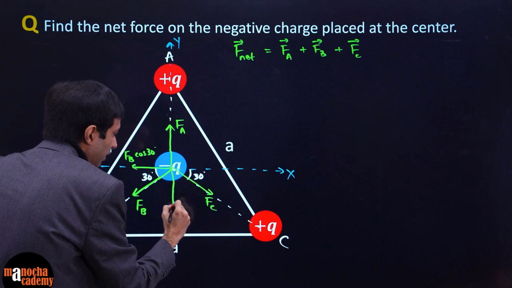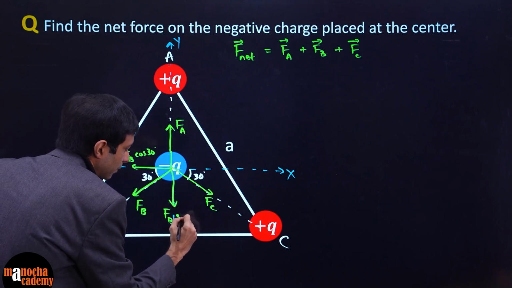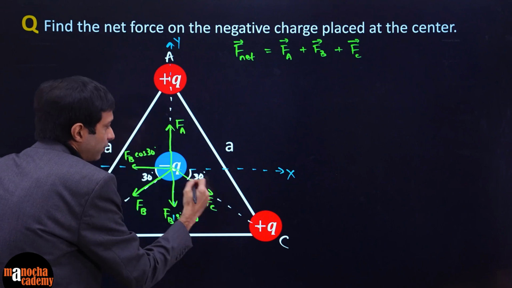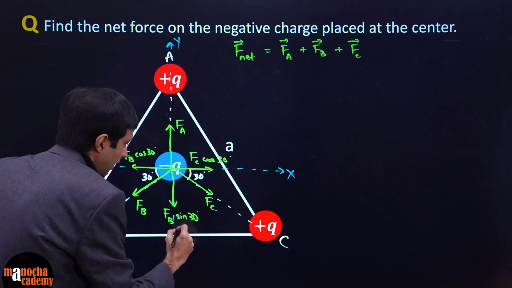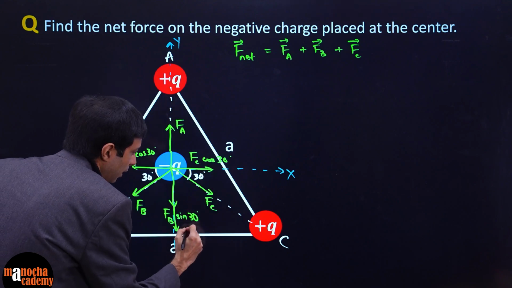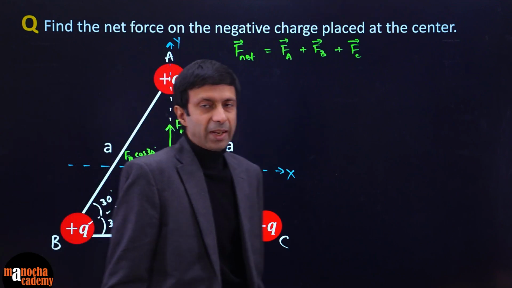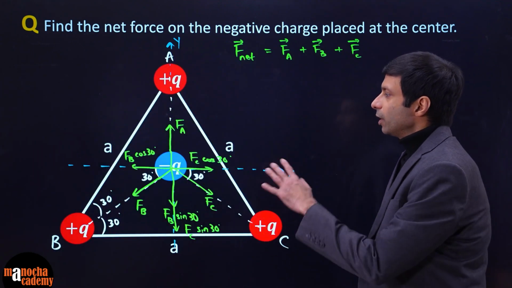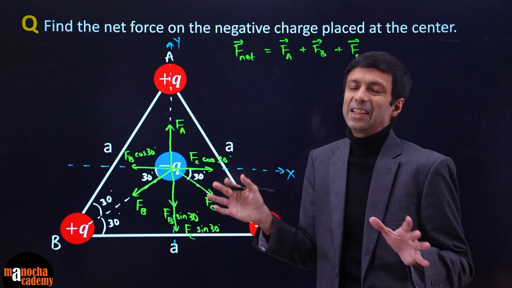And this way, it's going to be the sine component, FB sine 30. Same story for FC. This side is going to be FC cos 30, and this side is going to add up here and be FC sine 30. And for A, we just have it along the y-axis. So can you see in this diagram, we have broken down these two forces, and this one was easy, along their x and y directions.